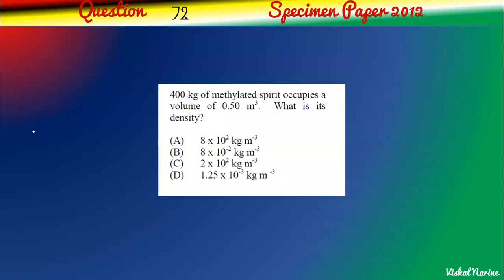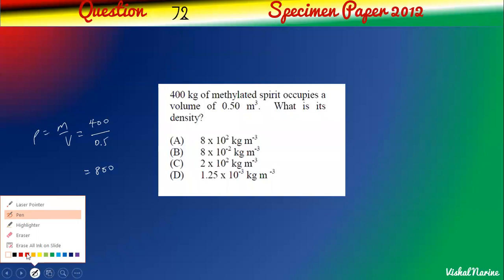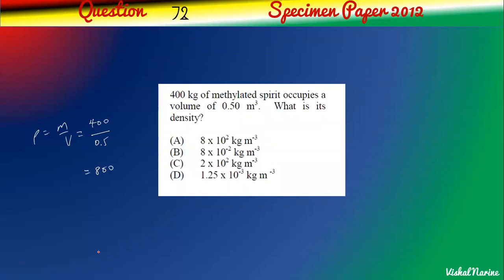So we have the density is equal to mass over volume, which will equal to the mass is given as 400 divided by 0.5, which is equal to 800, which is, if we convert it, because these are scientific notation answers, so the answer there is going to be 8 times 10 to the second power.